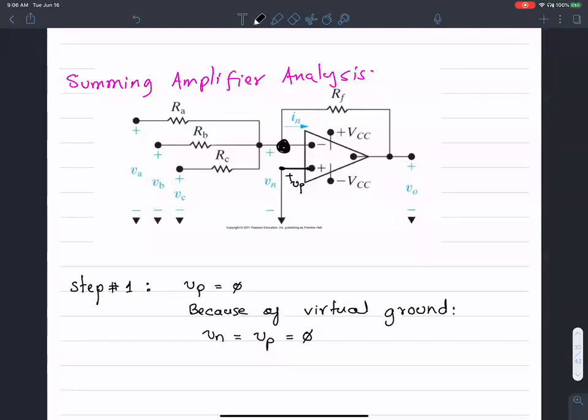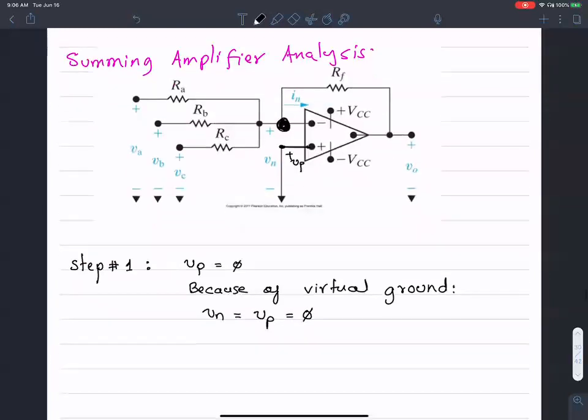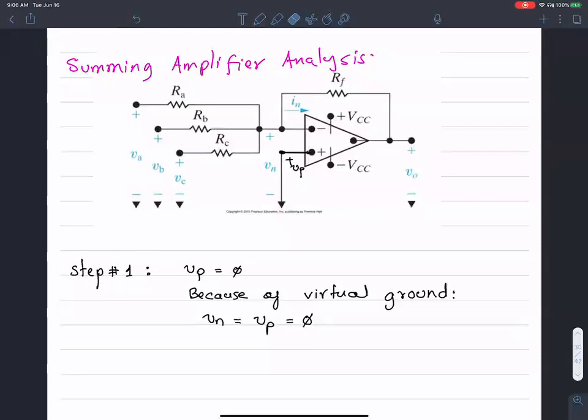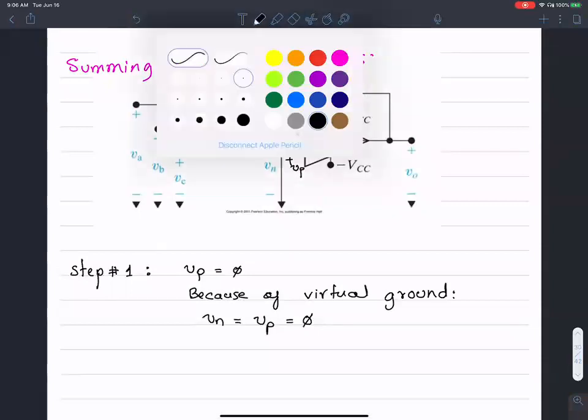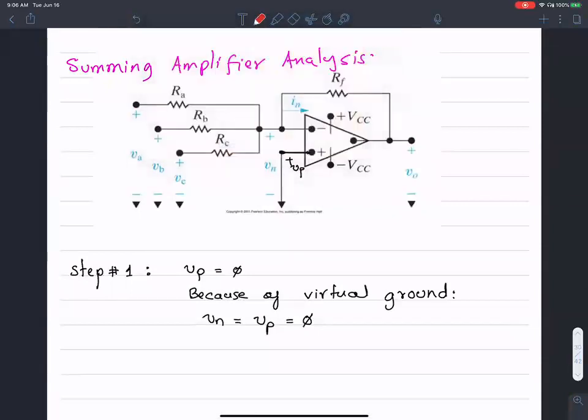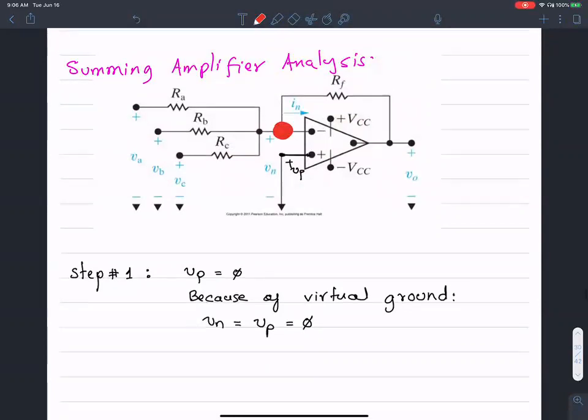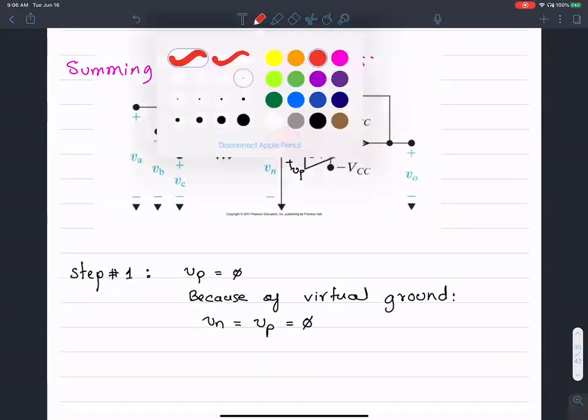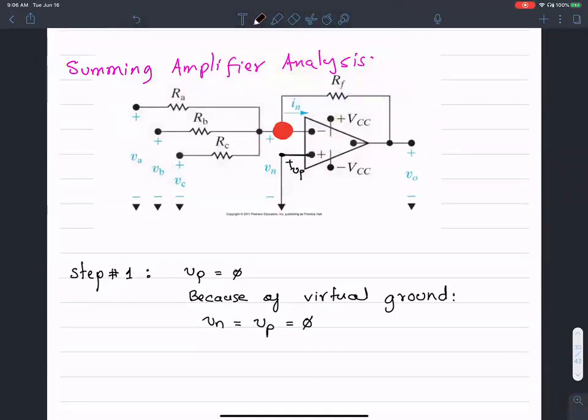So that's the very first step we do. We look for the voltage on the feedback node and see if we can express it in terms of some kind of known voltage. In this case, it's very well known to be ground, so that solves the problem for us.